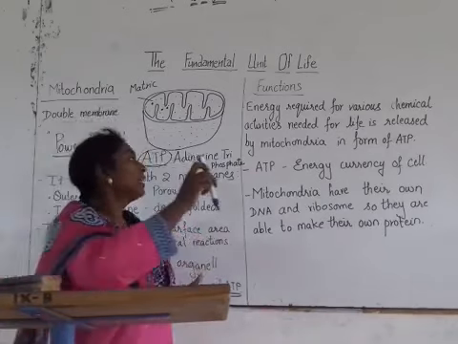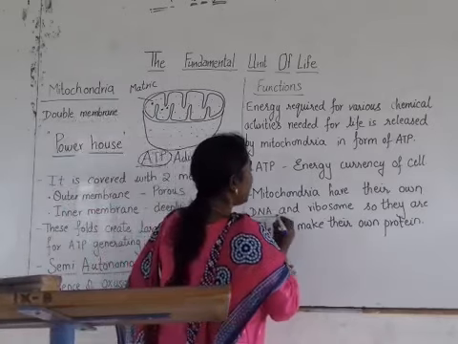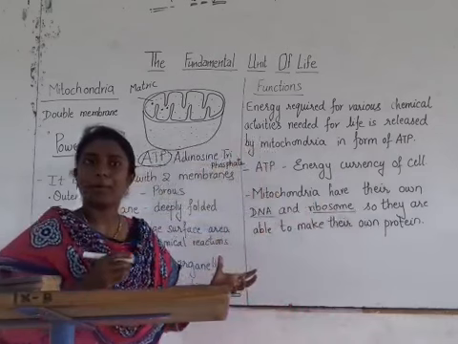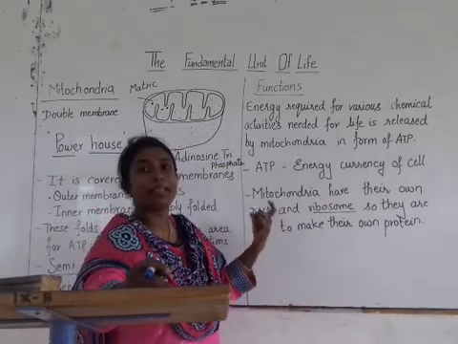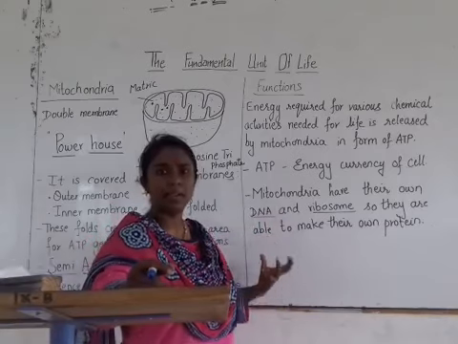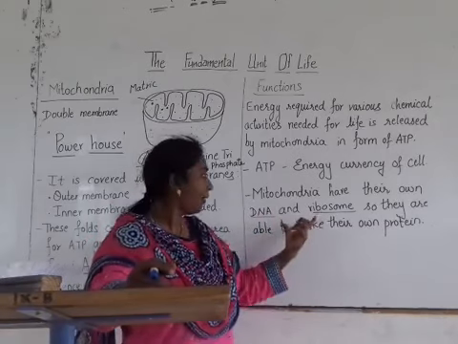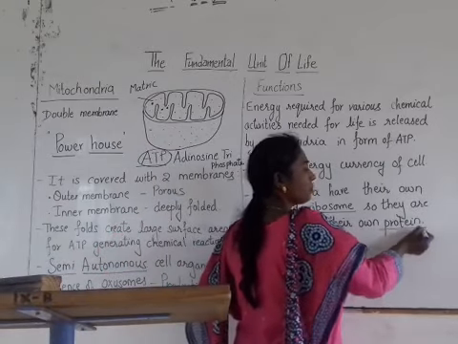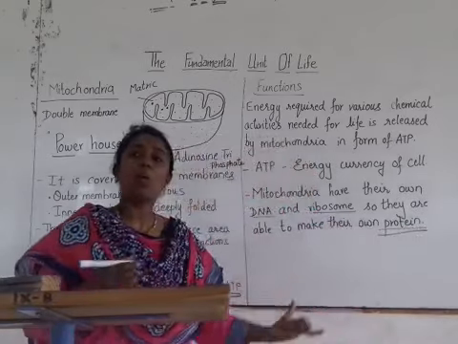It is because it has its own DNA and ribosomes. Remember, mitochondria is a cell organelle which has its own separate DNA and ribosome. And with the help of these two, it will produce its own protein.